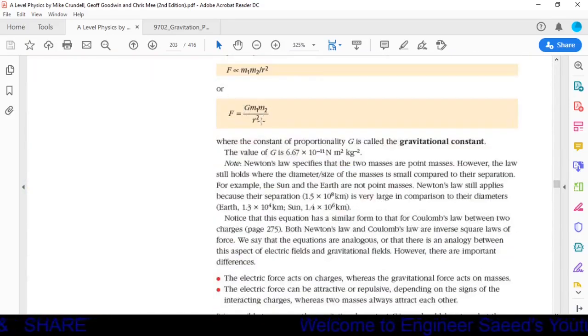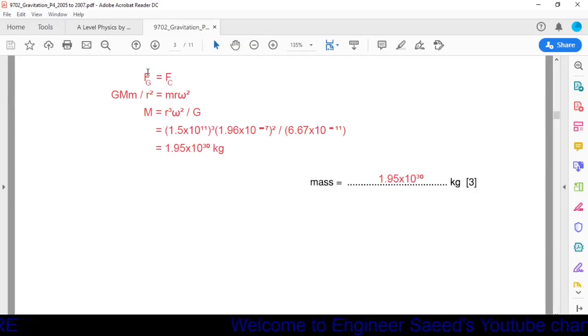Gravitational force according to Newton's law of gravitation, it is equal to G m1 m2 over r square, where this m1 m2 are 2 point masses and r is the separation between these 2 point masses. Now here in our case we have two masses, one Sun and the second is Earth. This capital M is taken as mass of Sun and this small m is mass of Earth, and this r is the separation between Earth and Sun.